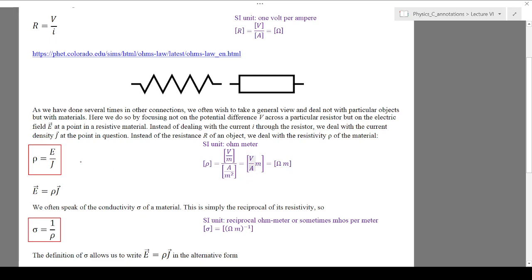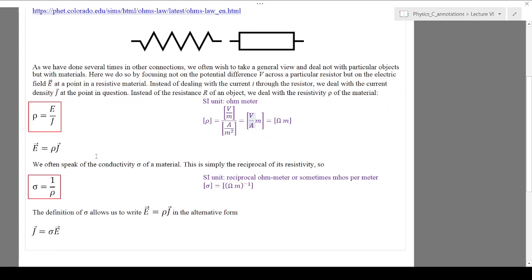So the unit for the resistivity is ohm meter, and of course, since the SI unit for resistivity is ohm meter, the SI unit for the conductivity is going to be the reciprocal, ohm meters to the -1, or sometimes people say mhos per meter. They just invert this, so it's really up to you how you're going to call it. Most of us physicists concentrate on saying that this is ohm meters to the -1.